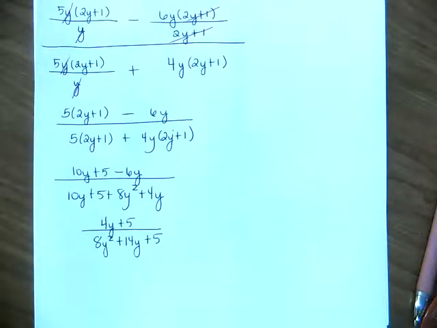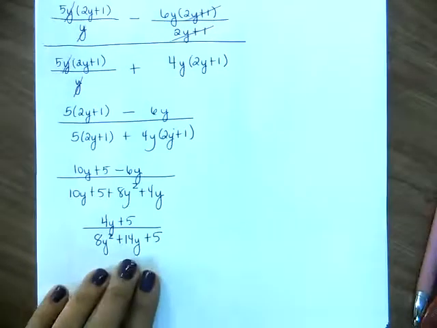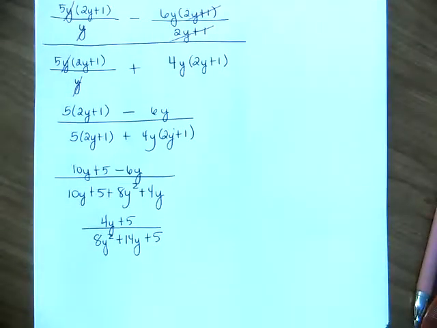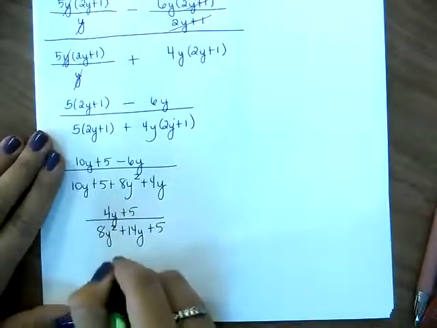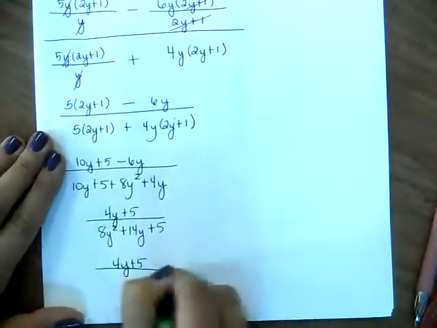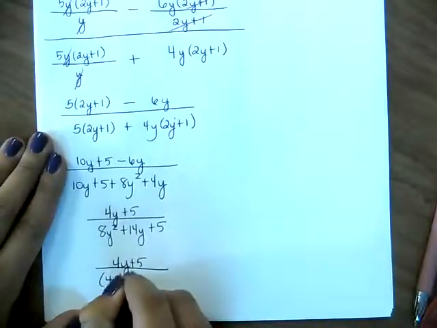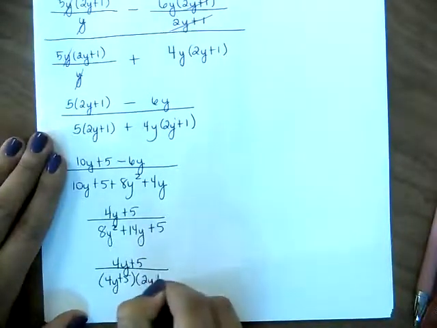So here's the bad part. Looking at this denominator, there is a chance that this could factor. Okay, so I want to see if it will. It does, which is unfortunate for us, but that's okay. So this will factor to 4y plus 5 times 2y plus 1.